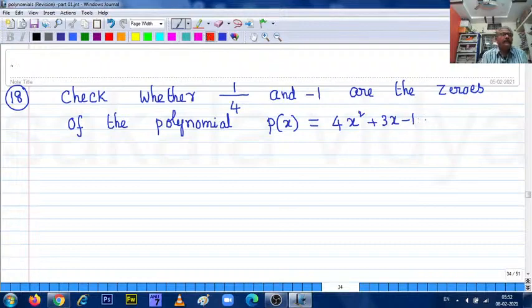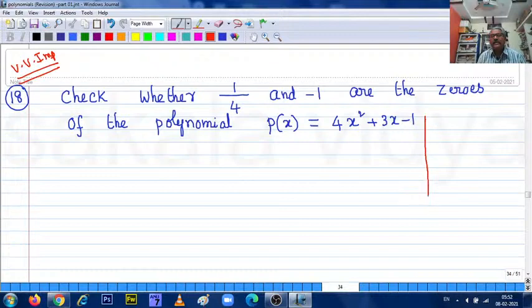This is a very important question. These models from your textbook also you need to solve. Check whether 1 by 4 and minus 1 are the zeros of the polynomial P of x is equal to 4x square plus 3x minus 1.